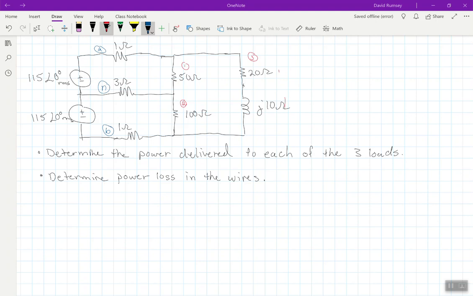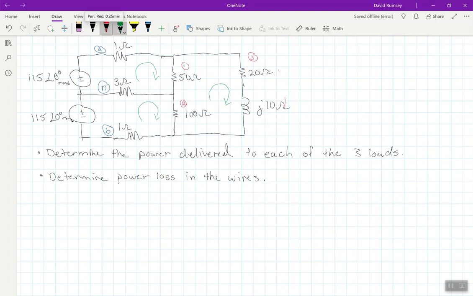Alright, so that's what we're going to do here. To do this, we're basically just going to go through some analysis, and the one that makes the most sense to me is loop analysis. Now you can use any of our analysis techniques. This is again just steady state analysis, which we started introducing early on in this module.